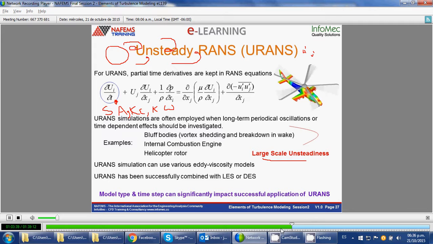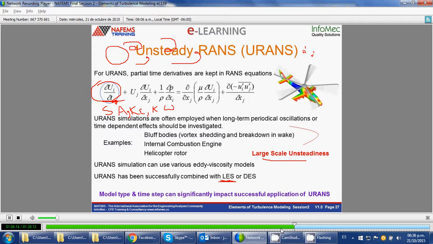So one of the advantages is because now you've got some unsteadiness into your calculation. Therefore, it's a lot easier to combine this turbulence modeling, RANS modeling with LES or DES. So of course, the time step that you're going to use is important for URANS.